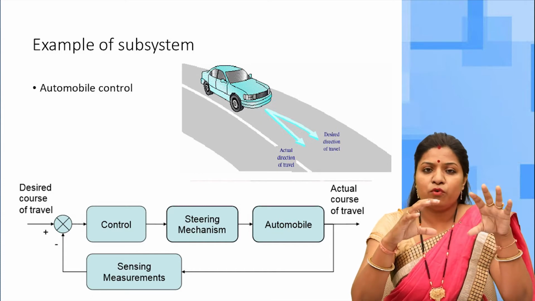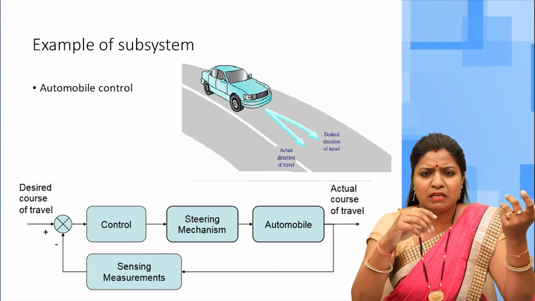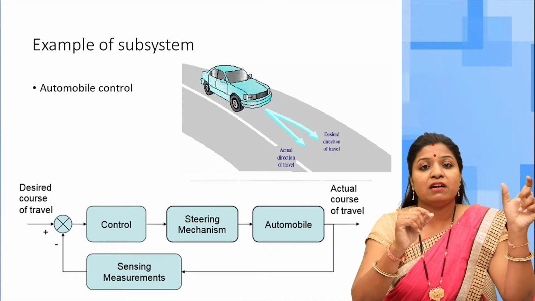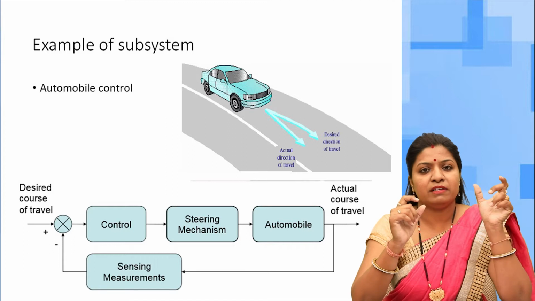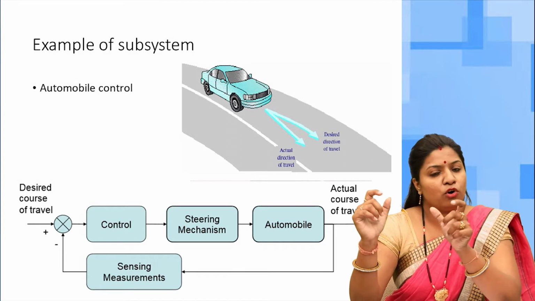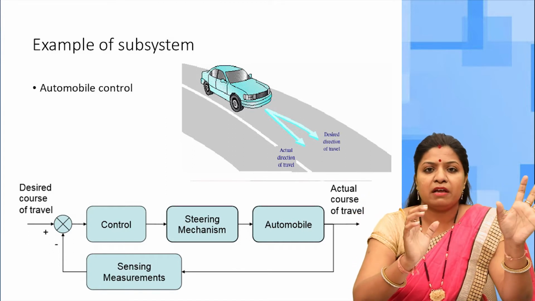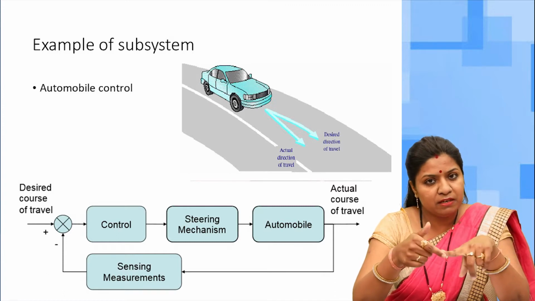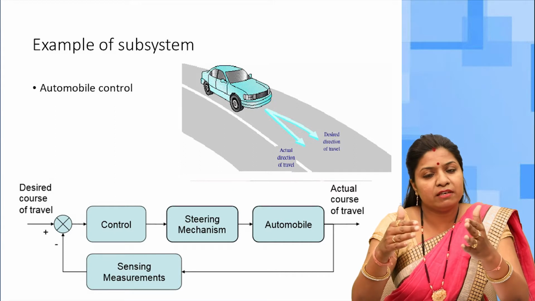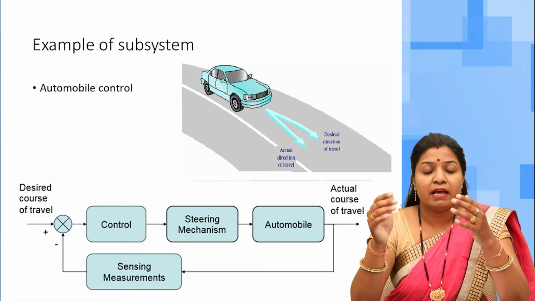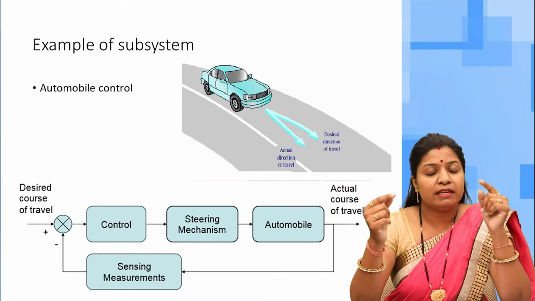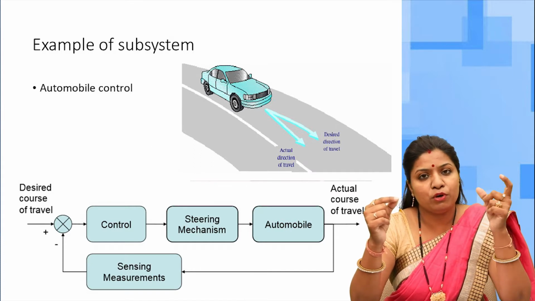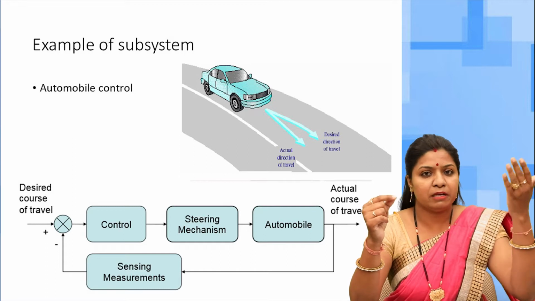To understand the subsystems of the car, take the example with the help of a block diagram. We take a controller, then a steering wheel, then the automobile. The controller means the driver who is driving the car. The driver controls the steering wheel, and with the help of the steering wheel the automobile moves. In a control system, at every point one copy of the output always goes as a feedback path.